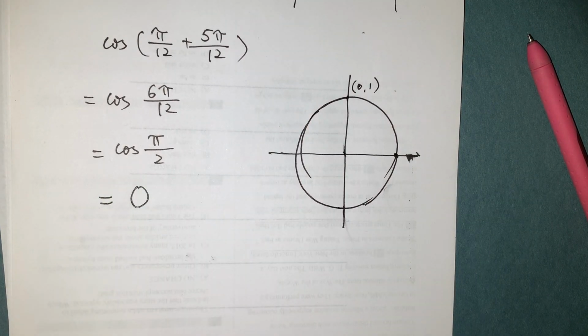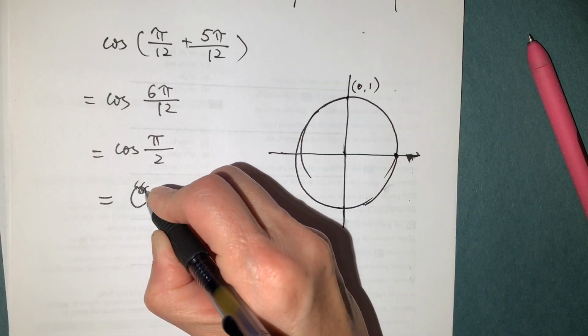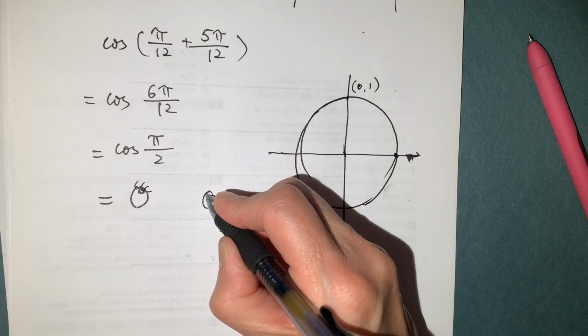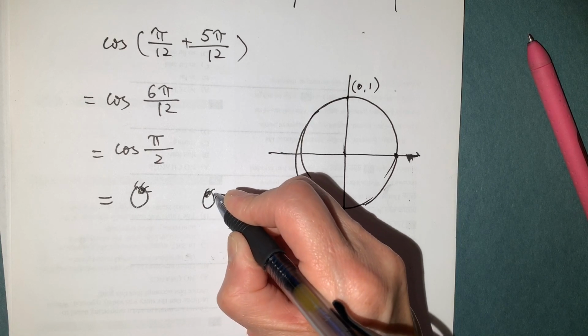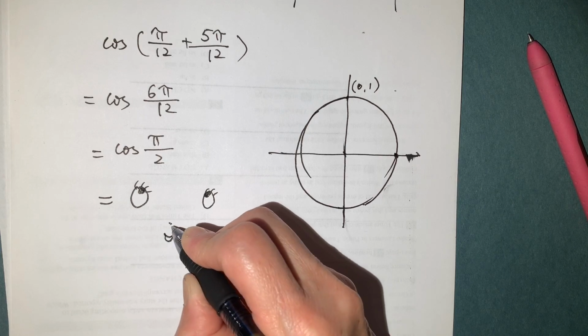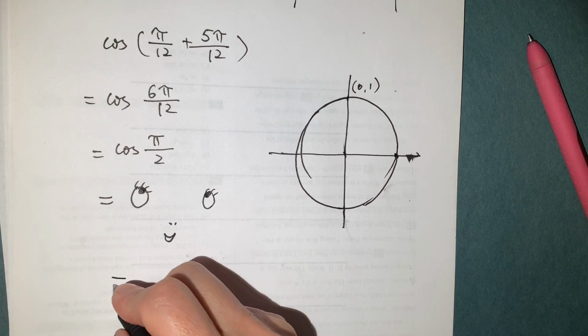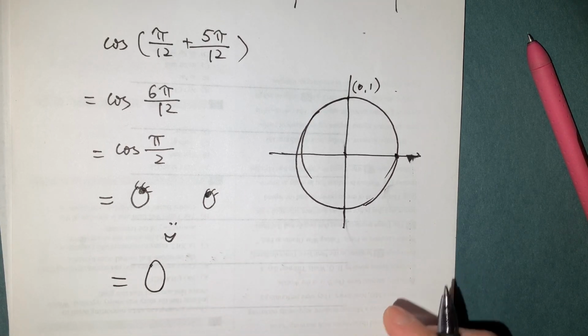Cosine 90 degrees is 0. So the result is 0.